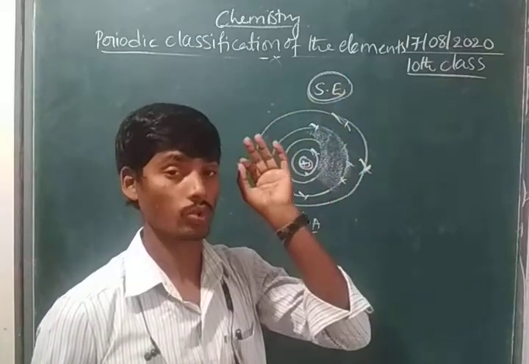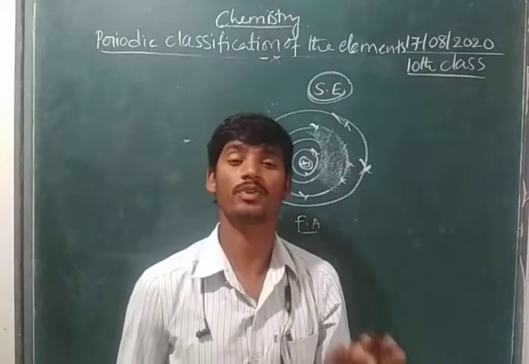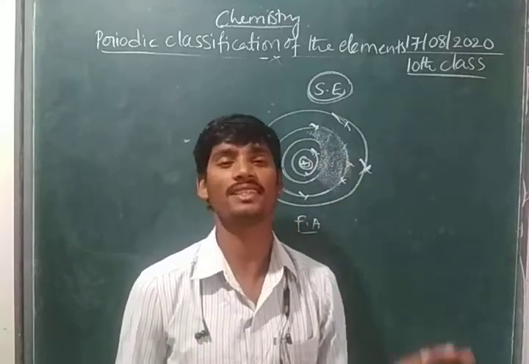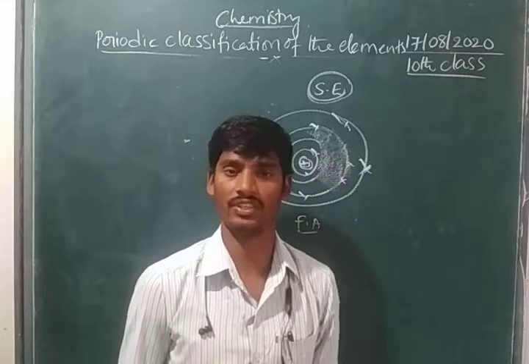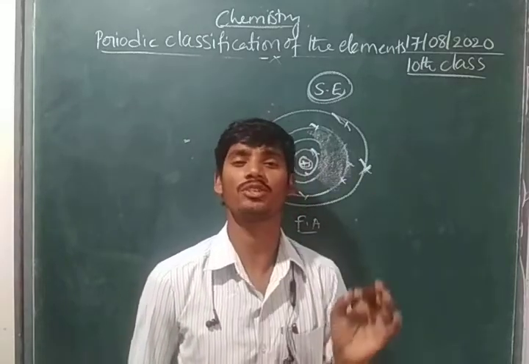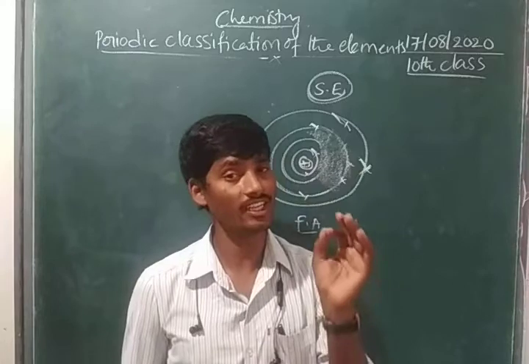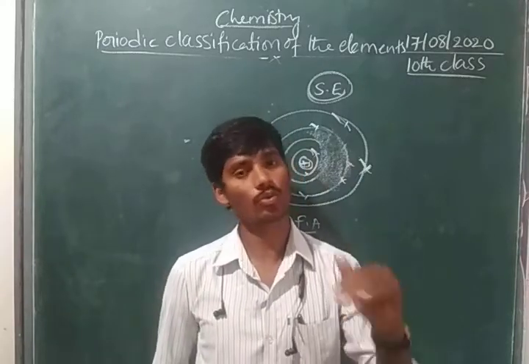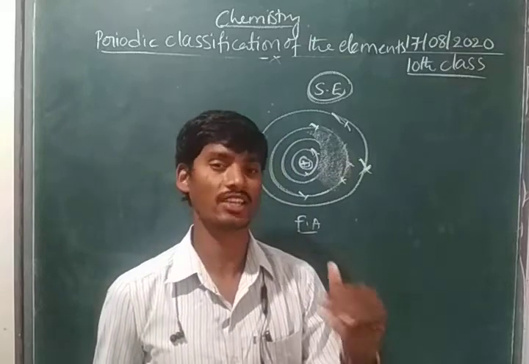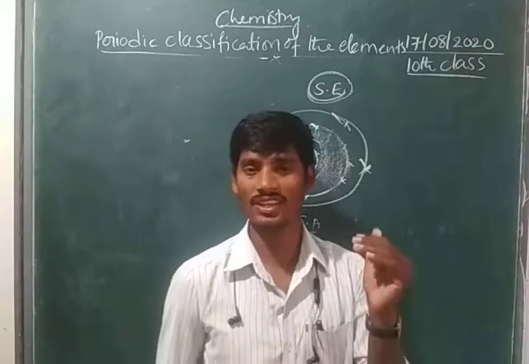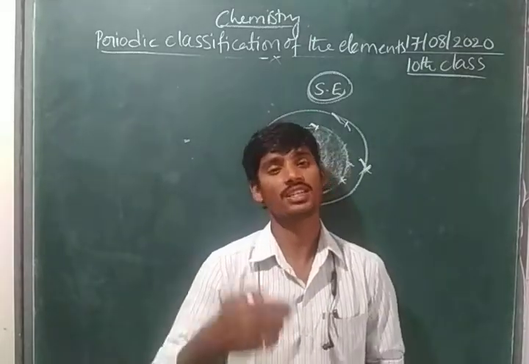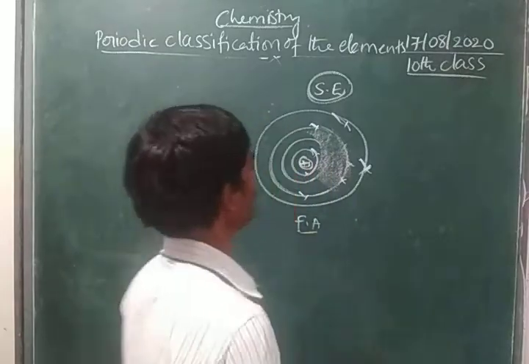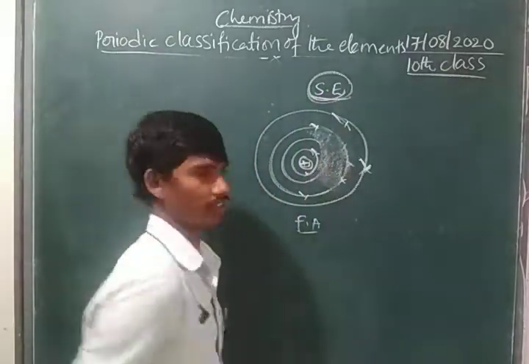Reducing the force of attraction between nucleus and valency electrons is called screening effect or shielding effect. The screening effect mainly depends upon the inner electrons. If the inner electrons increase, screening effect also increases. If the inner electrons decrease, screening effect also decreases, right children. So this is one of the factors, the screening effect.